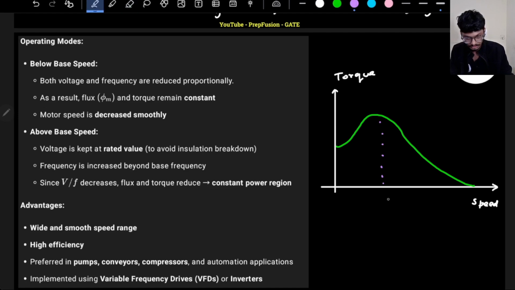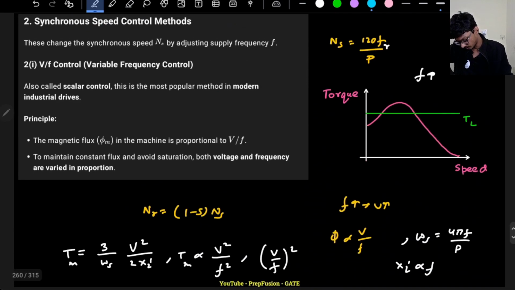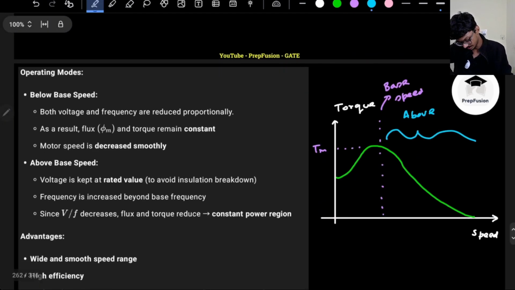Let's say this is the slip at which the maximum torque occurs. So this is my maximum torque. This point is the base speed. If I am going above the base speed, this will be called above base speed, and the left hand side will be called below base speed. Actually, I have to make it bigger, that will be easier.